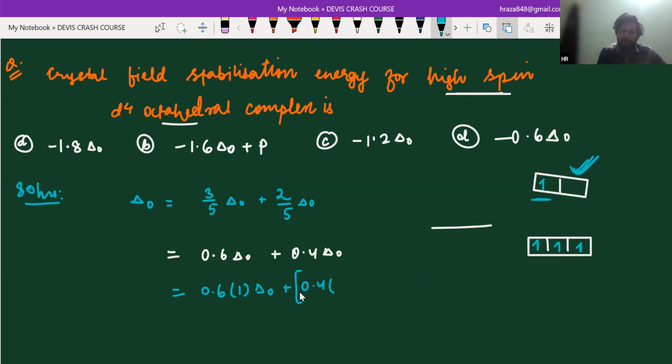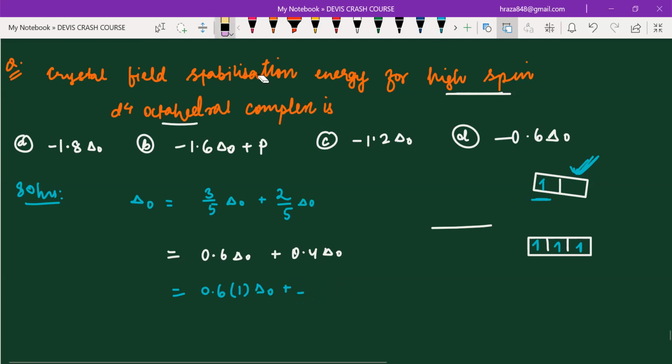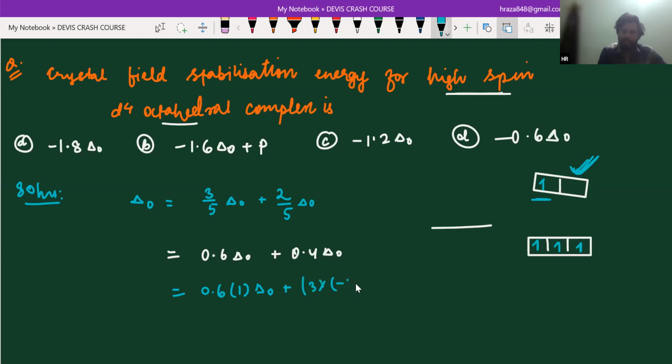So it will be negative because it is the lower energy level, and that is the higher energy level. You can replace it by this, and it will have a value for three electrons. Three electrons are there. So 3 into 0.4 minus 0.4 delta naught.